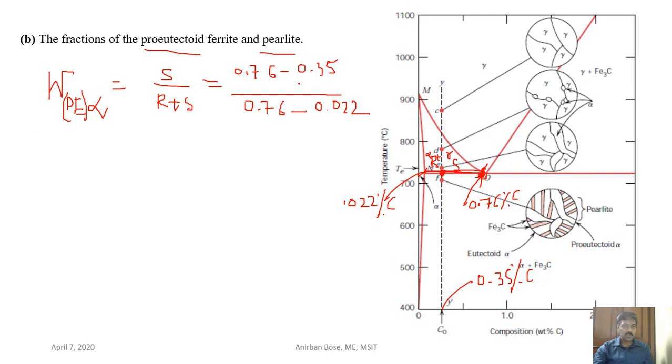If this is the pro-eutectoid ferrite, then what is the amount of austenite? The amount of austenite will be 1 minus this, and that amount of austenite is exactly same as the amount of pearlite. So weight fraction of pearlite is same as the weight fraction of austenite.